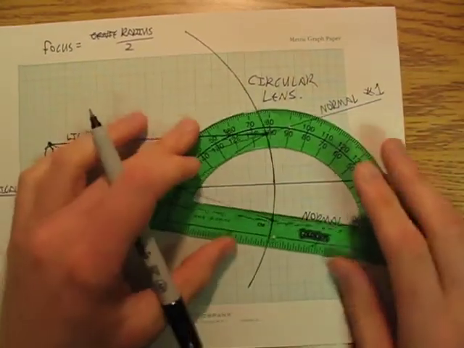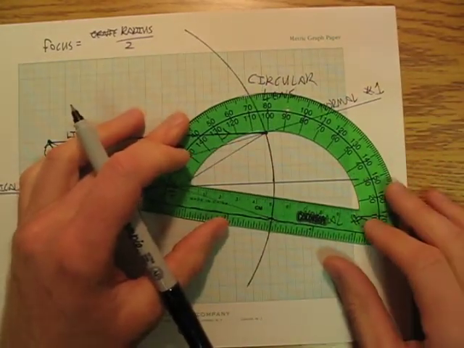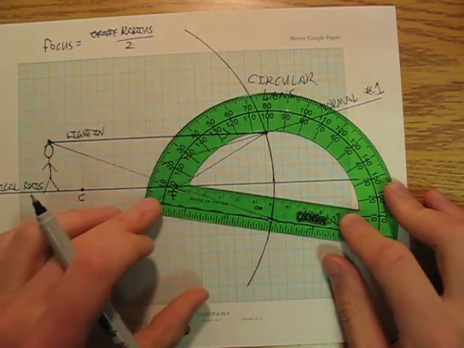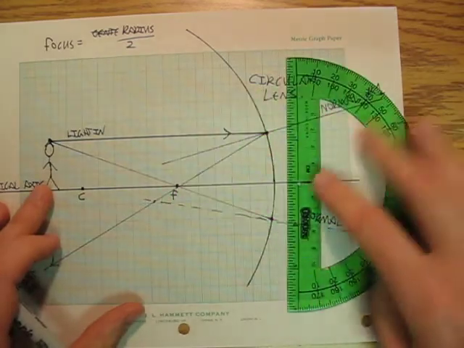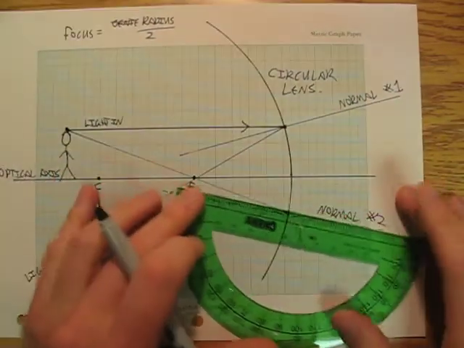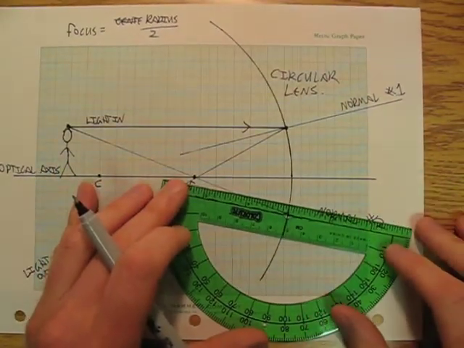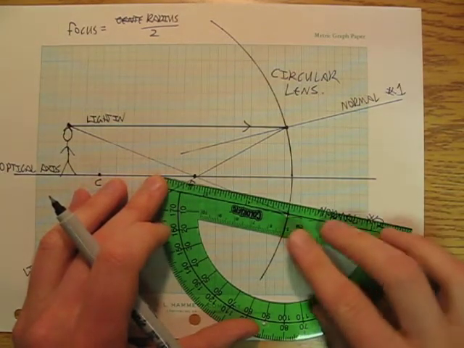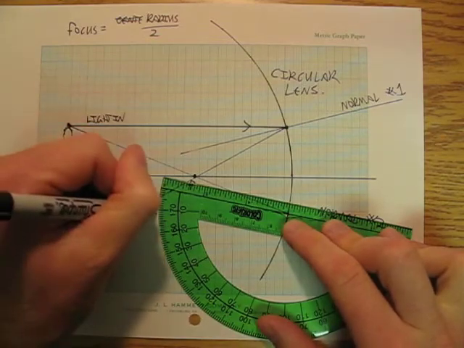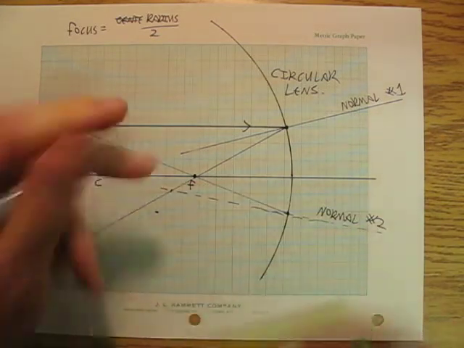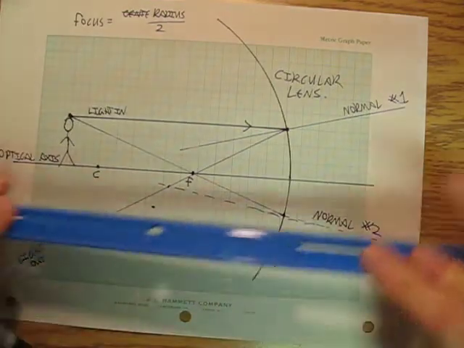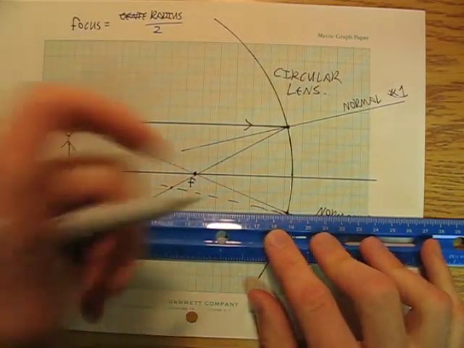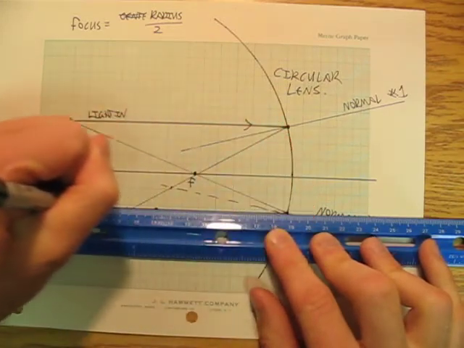And now I measure this angle, and I measure that angle to be 11 degrees, so I flip it over and do 11 degrees on the other side as best as I can, and what I find is that the ray of light does something like this.